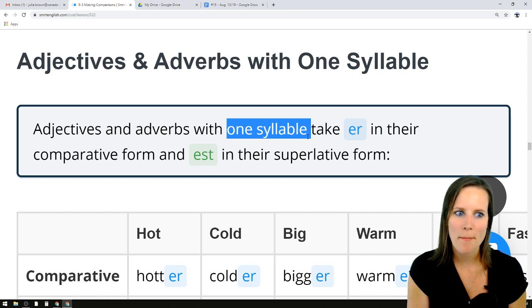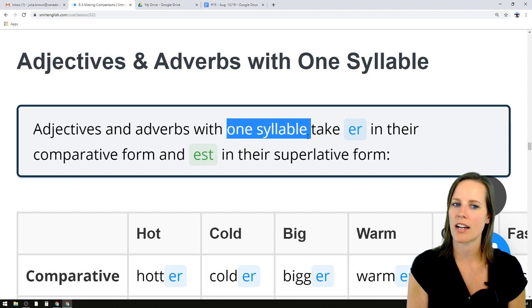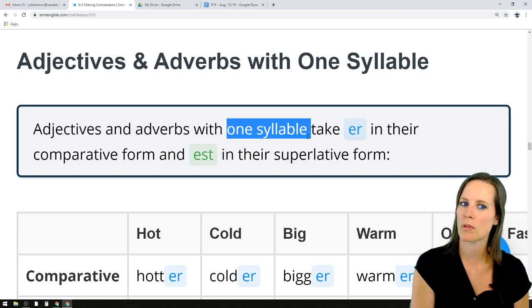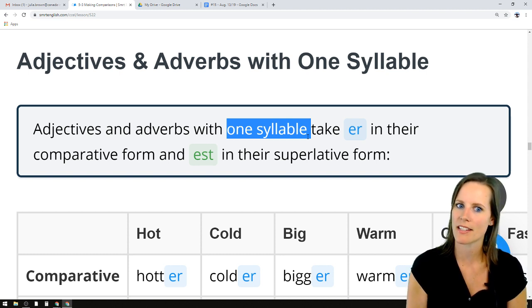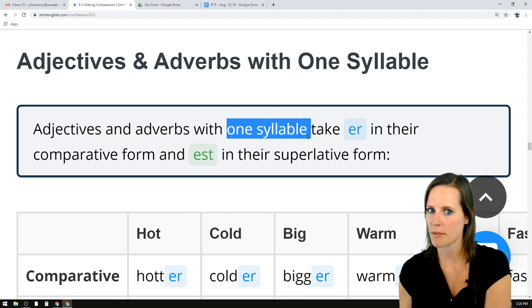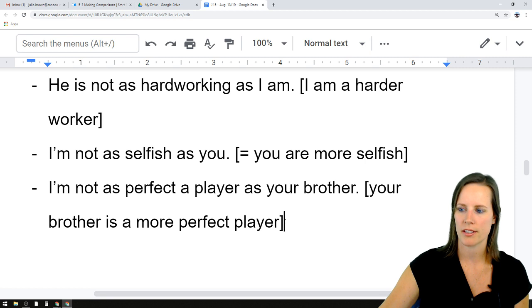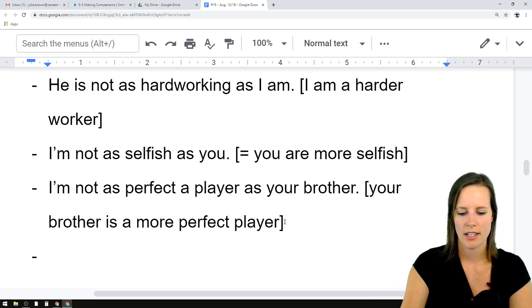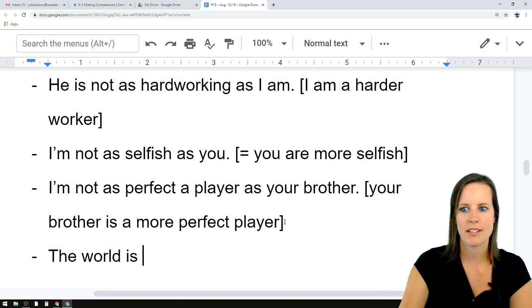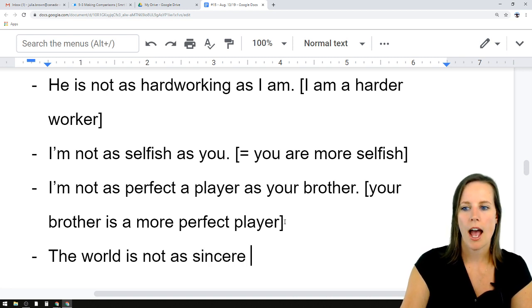Let's see, Mehmet, your sentence. The world is not. So don't forget your be verb. The world is not as sincere as it used to be, in the old days. So I'll put your example on the document here and show you how I would say it. The world is not as sincere as it used to be.